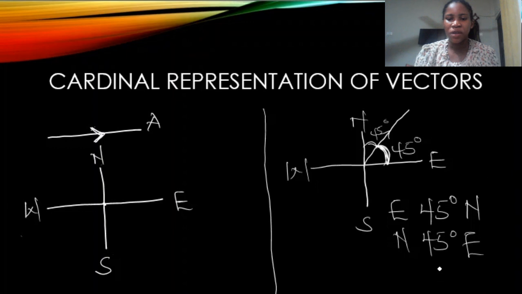This is how it has to be said. Because it's between the north and the east and the angles are the same, people just say northeast. But since it's moving from east to north, we have east, 45 degrees north. Assuming it was moving from north to east, in the east direction, then it would have been north, 45 degrees east.